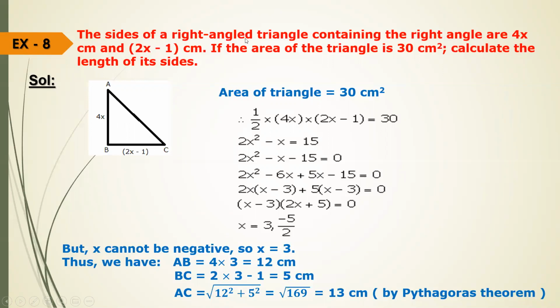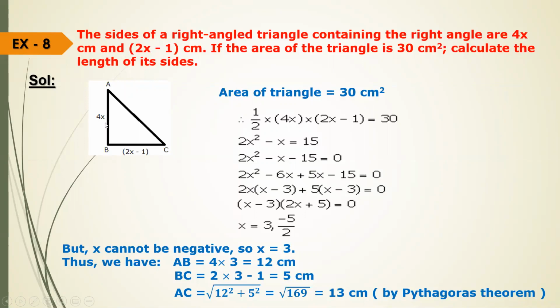The sides of a right angle triangle containing the right angle are given as 4x centimeter and 2x minus 1 centimeter. It means the hypotenuse is not given. The sides containing the right angle are given. It means perpendicular and base are given. But if these are interchanged, it hardly matters.